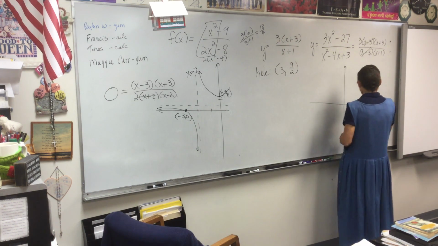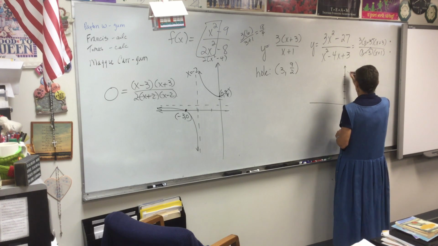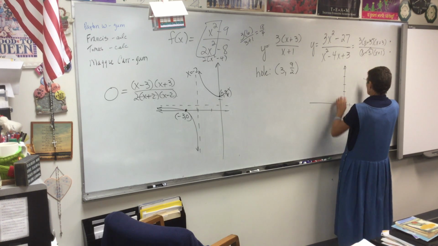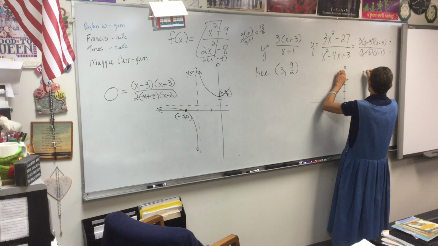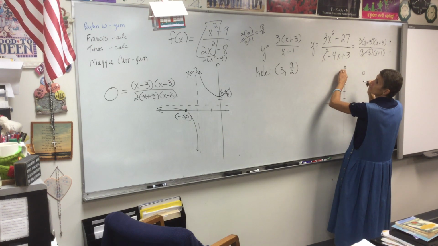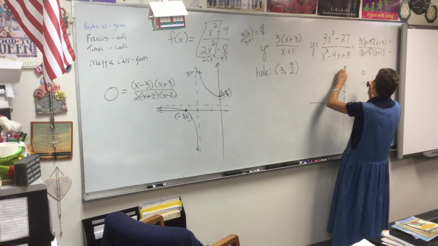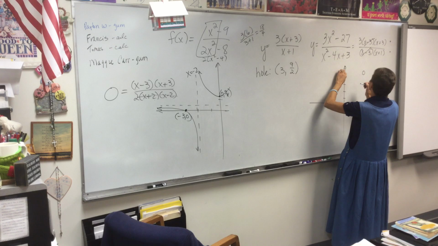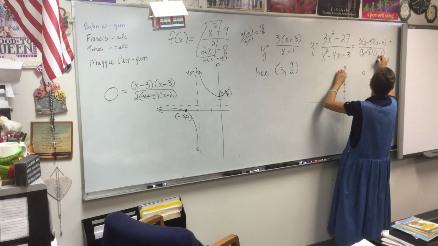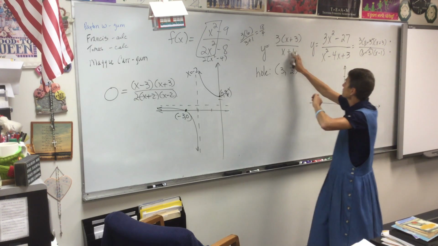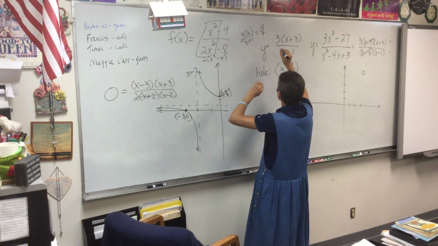Everybody get a hole at 3, 9/2. Oh, because you got 3. Wait, would it be 18 divided by 3? Wait, never mind. Should be -1. Oh, yeah, I factored wrong. Thank you. I factored wrong. That could have been deadly. Thank you.